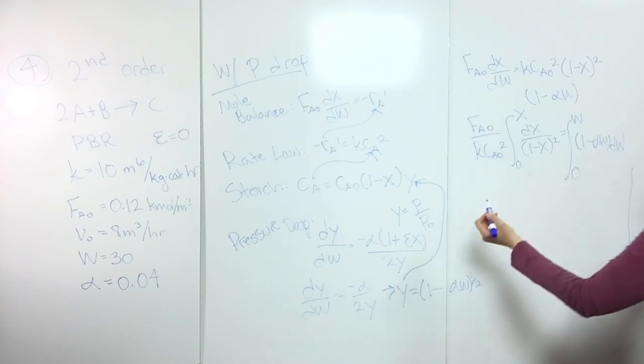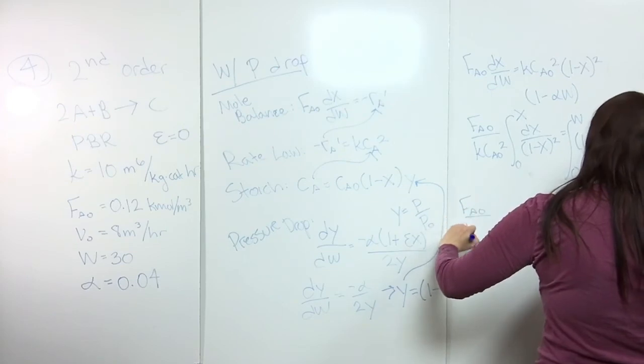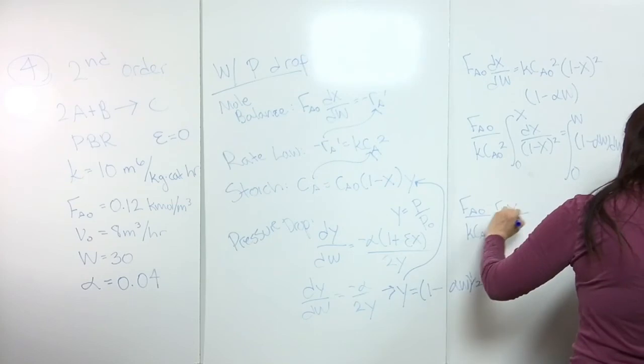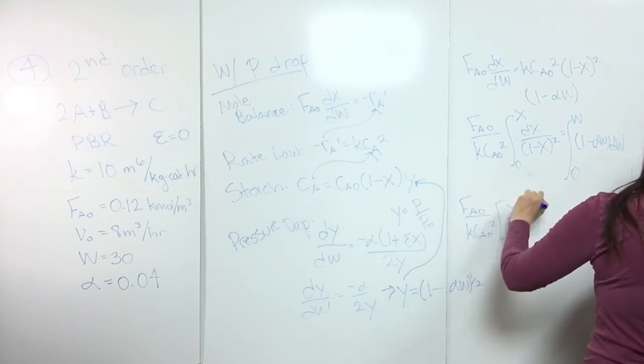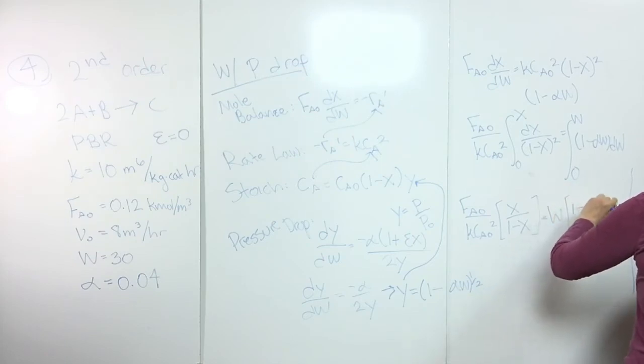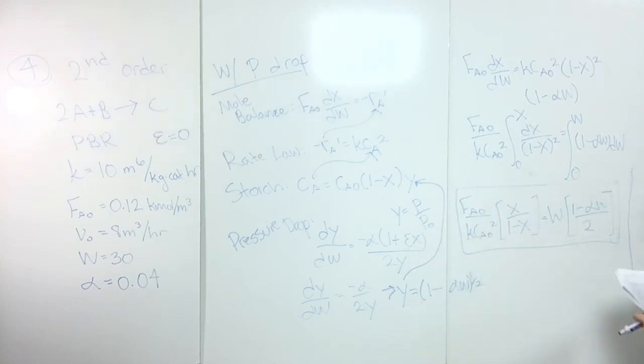And so then if I solve this, I get Fa naught over k Ca naught squared, x over 1 minus x is equal to w, 1 minus alpha w over 2. So this is your equation for the pressure drop, assuming that epsilon is 0 and it's isothermal. And so then you have everything you need for B and C because you have the equation.